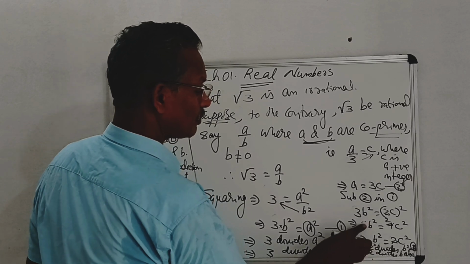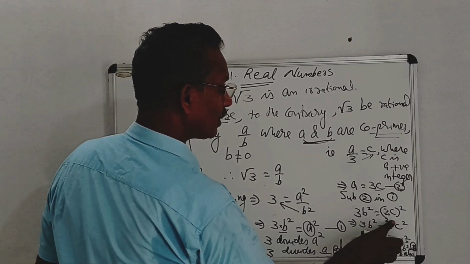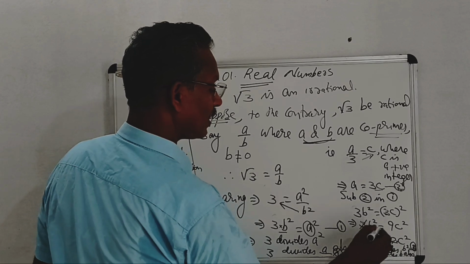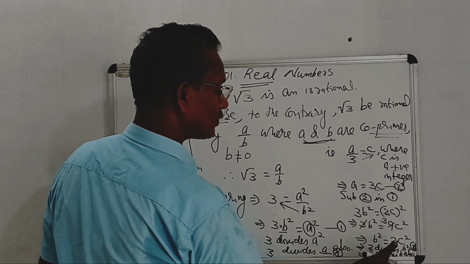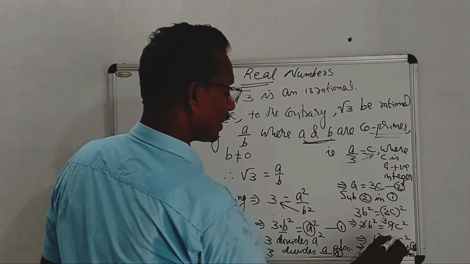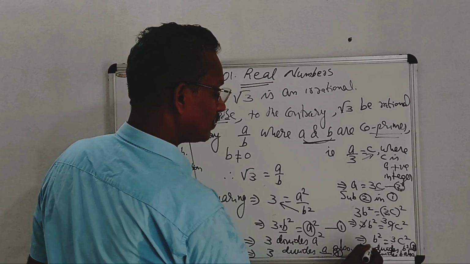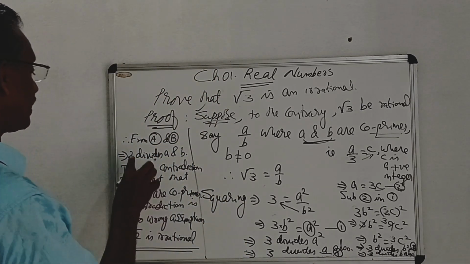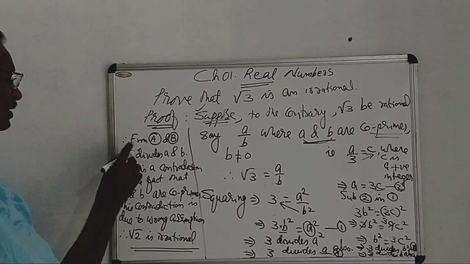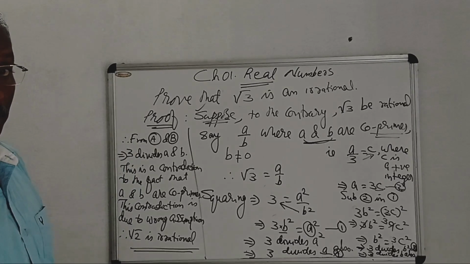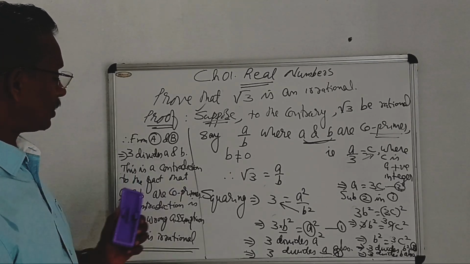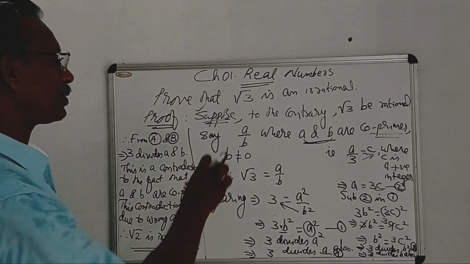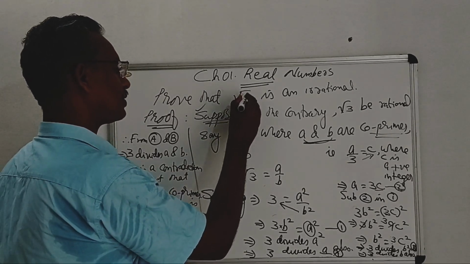It will become 3b square here, and this will become 9c square. 3 and 9 will be cancelled and it will become 3. Then you have to write 3 divides b square, so 3 divides b also. Then we write here 3 divides a and b. This is a contradiction to the fact that a and b are co-prime and rest all are same. Like that you can repeat the same question with root 7.